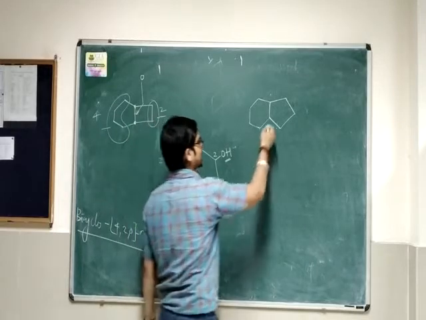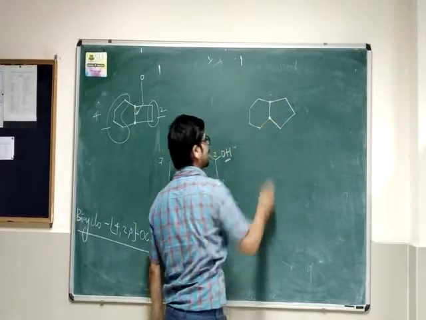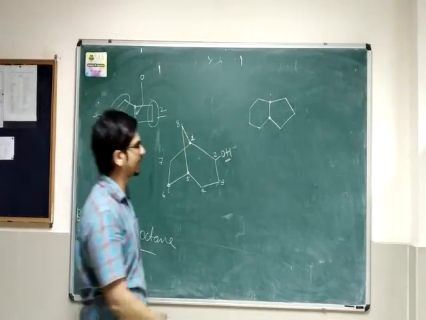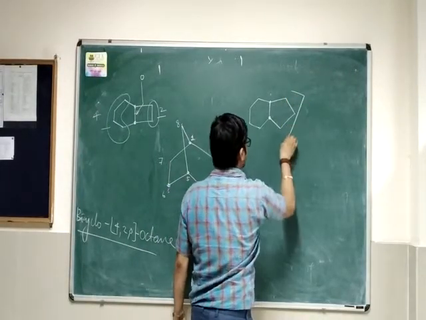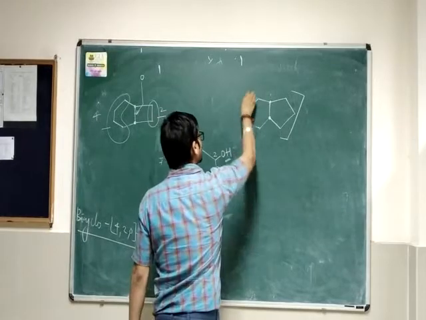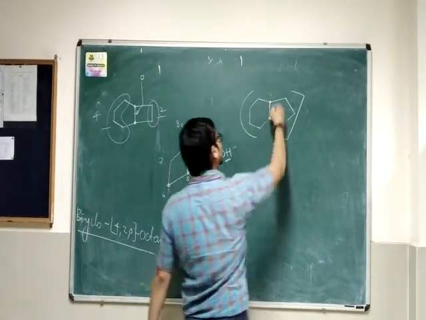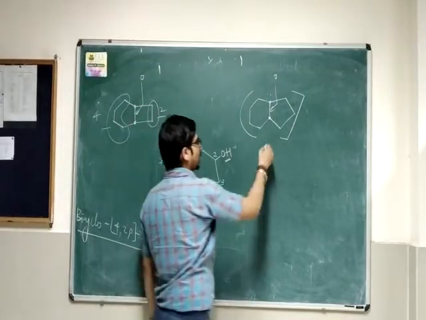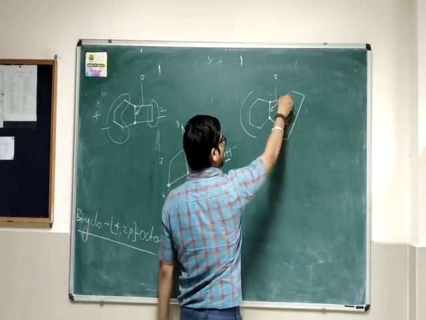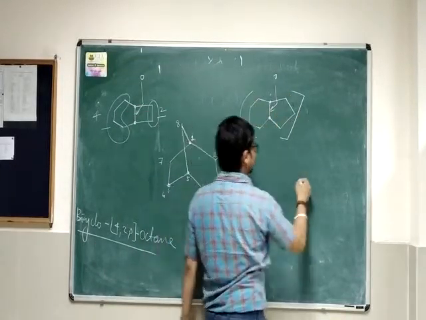Now this time you can say this is the fused system containing a 6-membered ring and a 5-membered ring. 2 rings are fused. So in this you have 3 carbon bridge at one side, 4 carbon bridge at other side, and there is no carbon in this bridge, so 0. So the total number of carbon atoms you can count, there are total 9 carbons.